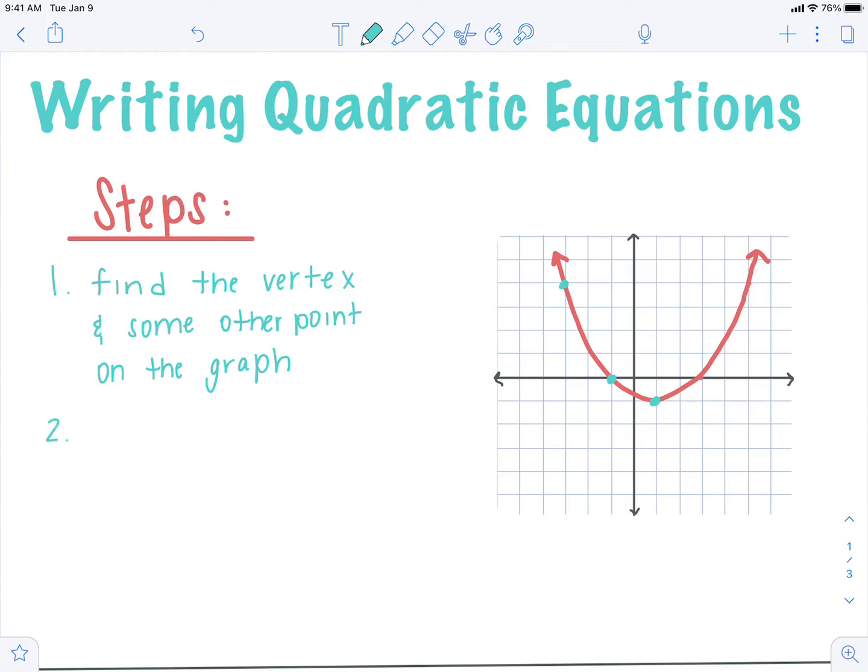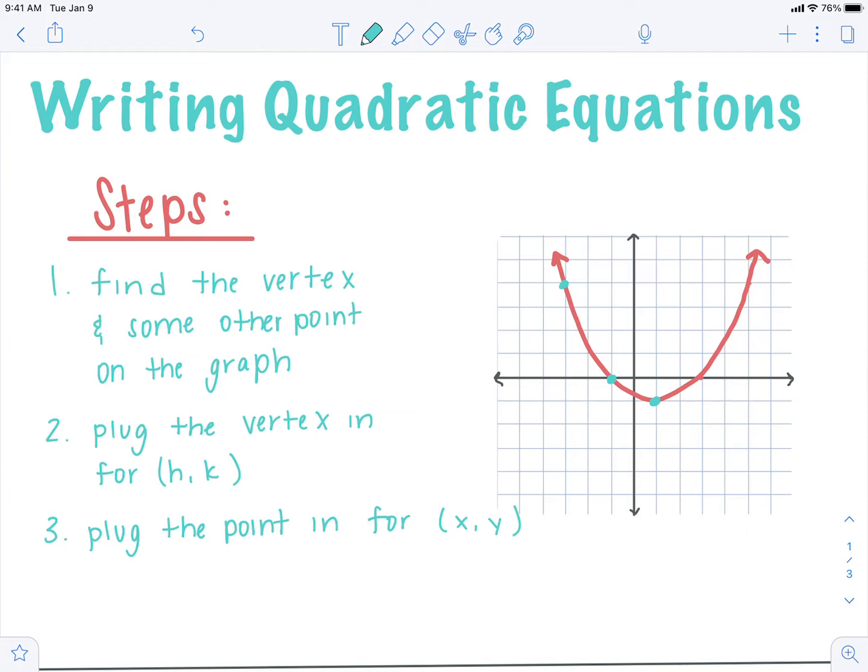So then you're going to plug the vertex in for h and k in your equation. Plug the point in for x and y.